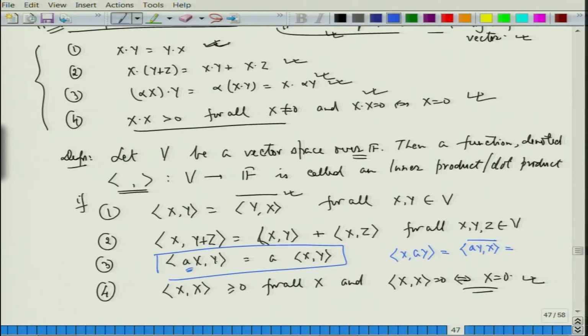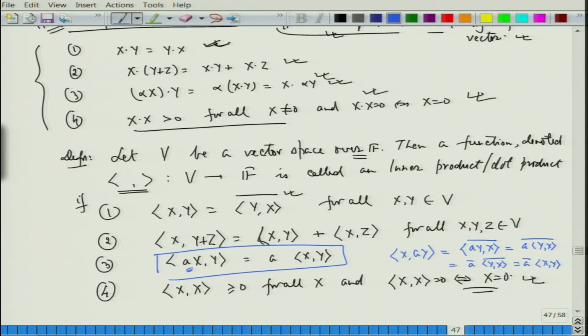There is no talk of taking out a from the second component. So it is a times yx whole bar, which is the same as a bar yx whole bar, which is the same as a bar of xy.